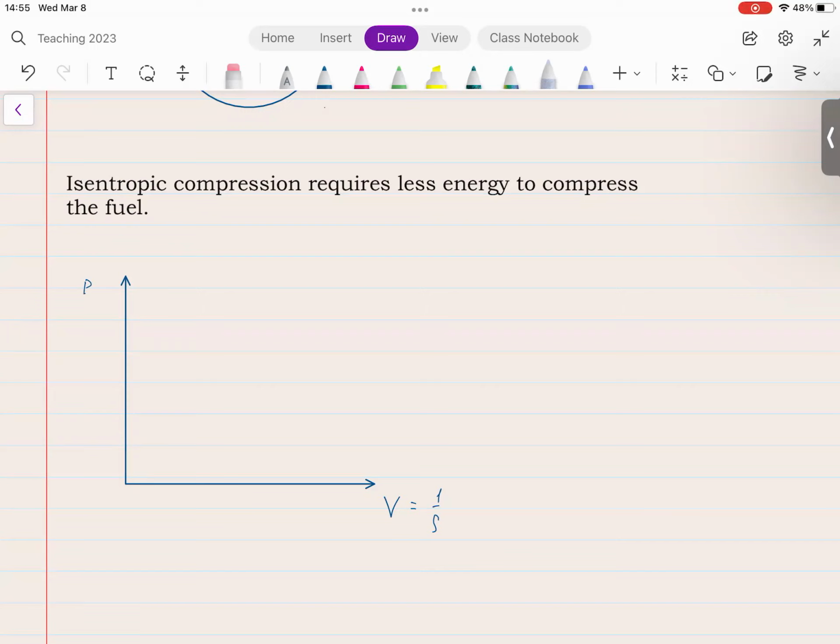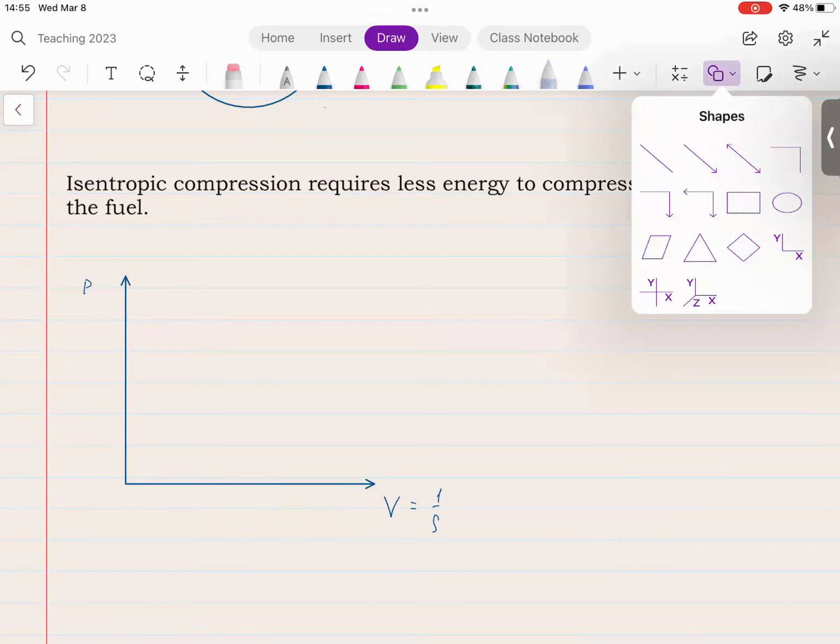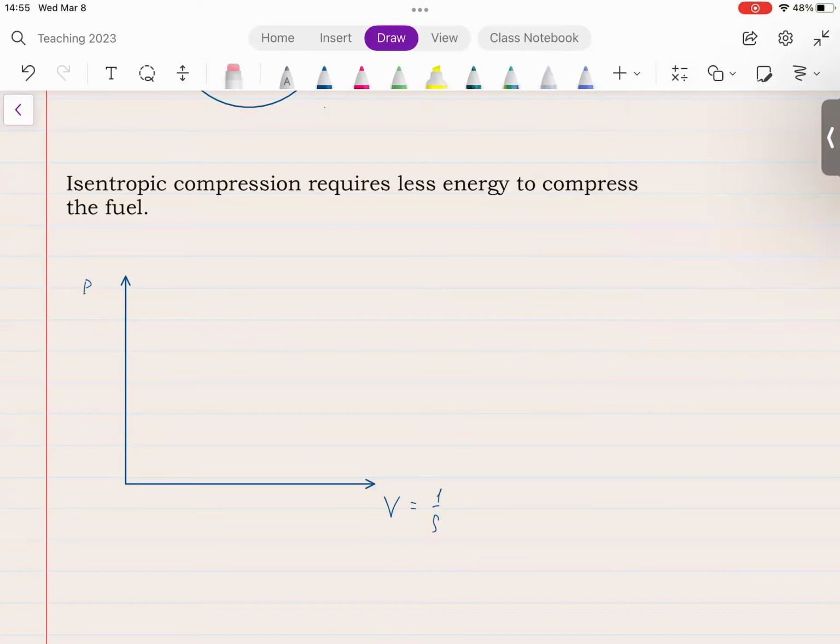And then let's say we want to compress from pressure 1 here to pressure 2 down here.